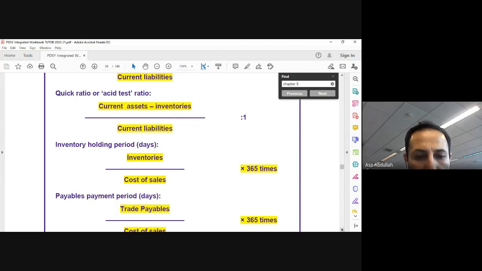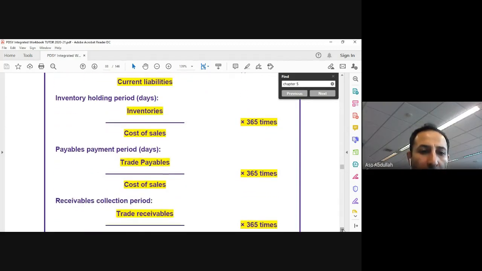For example, if you are producing some sort of food, you do not want your goods to stay in the warehouse for a long time, because there is a risk of expiration, a risk of damage, and additional cost of keeping goods in the warehouse, for example renting the warehouse, security, heat and light. So there are many risks in holding inventory, and we can calculate it through number of days.